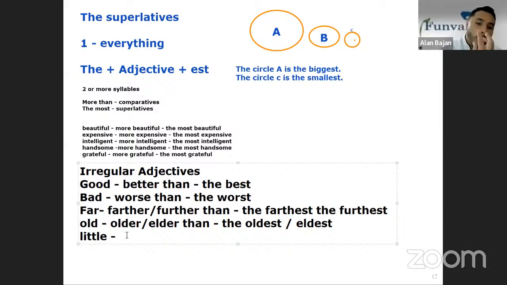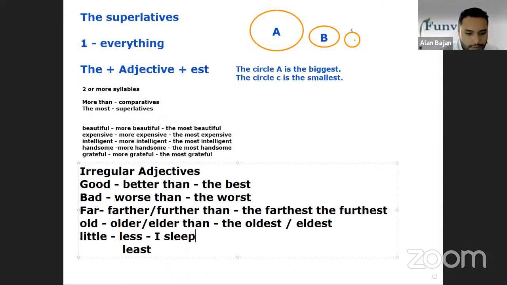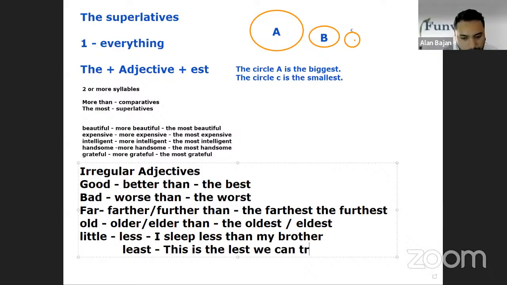But if I'm talking about quantity, I use less and least. This is the least we can try.